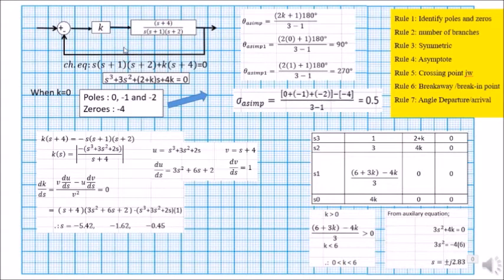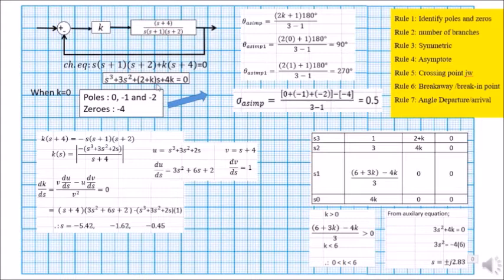After we employ that formula, our characteristic equation becomes s times (s plus 1) times (s plus 2) plus K times (s plus 4) equal to 0. So we solve this, and we get s cubed plus 3s squared plus (2 plus K)s plus 4K. This is the characteristic equation that represents this system.